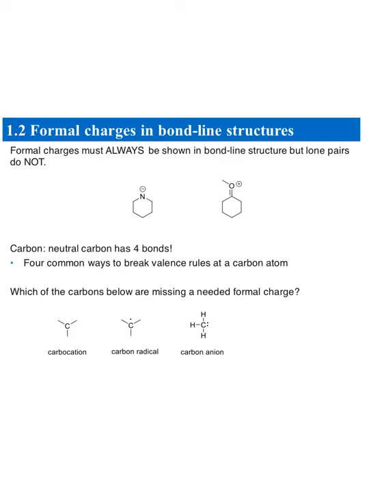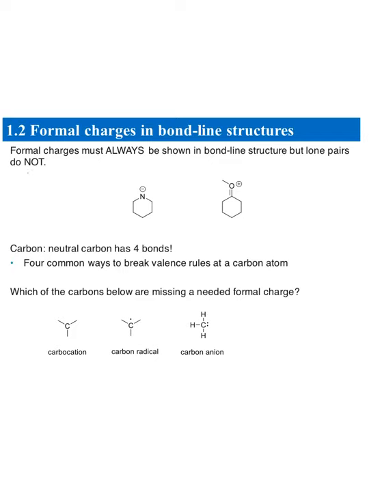Alright, so in bond line structures, you should always show the formal charges. You don't have to show the lone pairs. You can if you want, but all the formal charges must be shown. So in the first structure, if I ask you how many lone pairs are on nitrogen, you can do very simple math here.